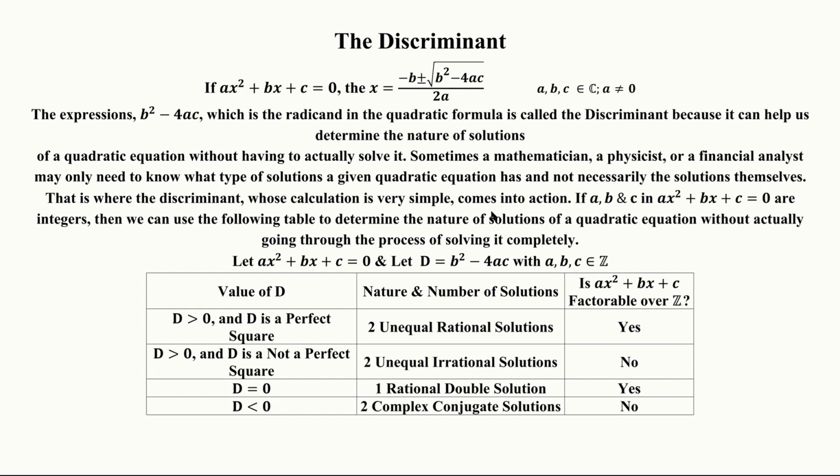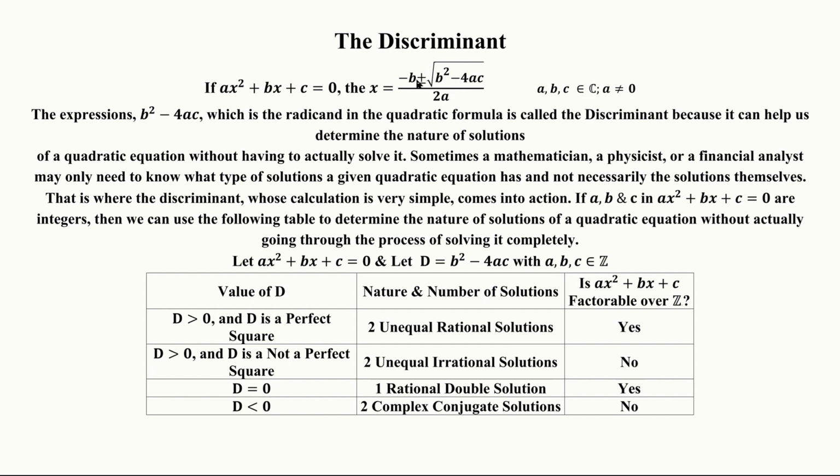Okay? Now, here is the way that it's going to work out. If we take the standard form quadratic ax squared plus bx plus c equals 0, and let d, or the discriminant, be just b squared minus 4ac, the value of d is going to tell us the nature and number of solutions in the following way. If d is greater than 0, in other words, the quantity under the radical is positive, and d is a perfect square, for example 49, what's going to happen?